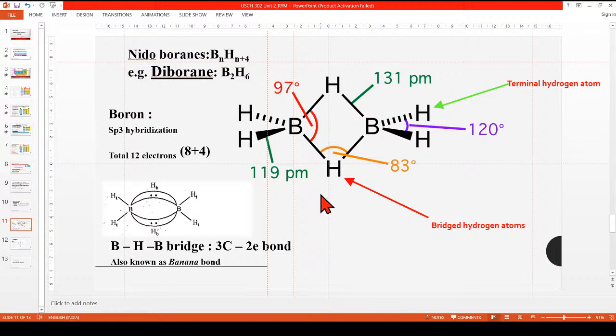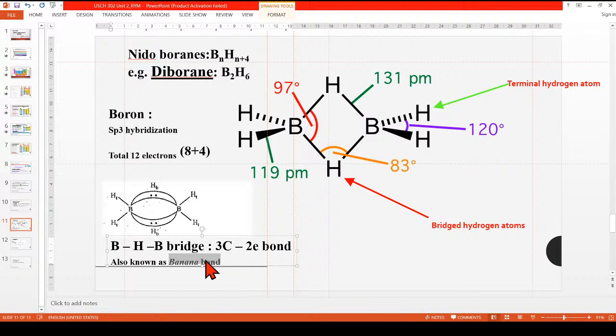So you have two such bonds, the upper one and the lower one. Since this bond looks like a banana, this three center two electron bond is also called banana bond.